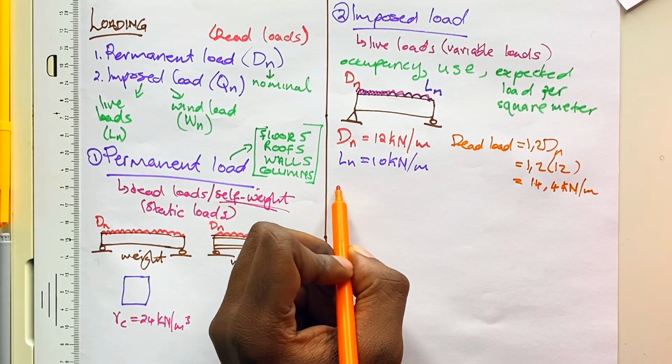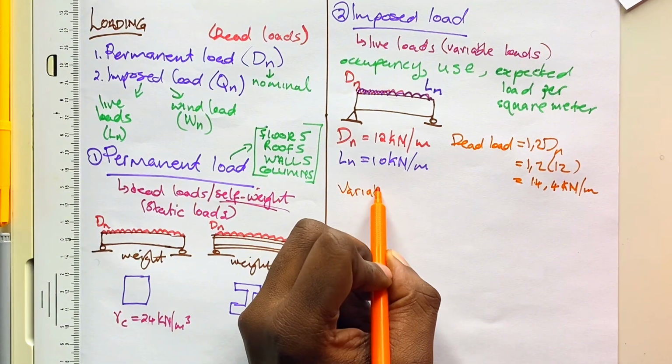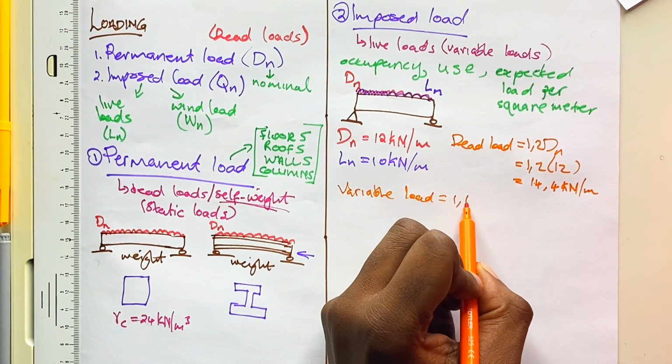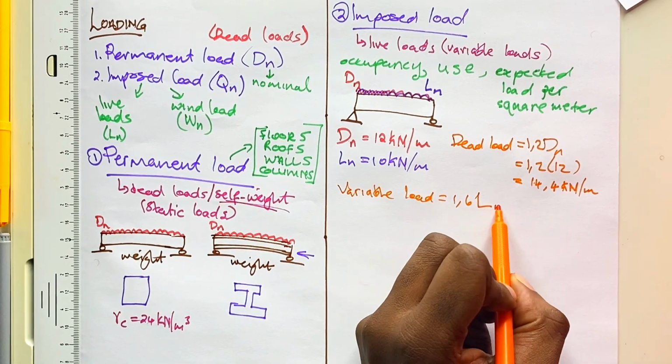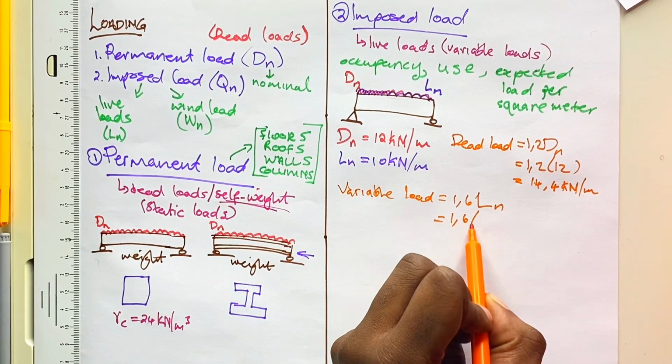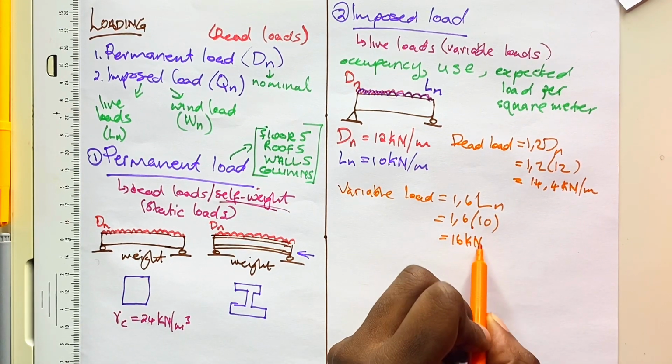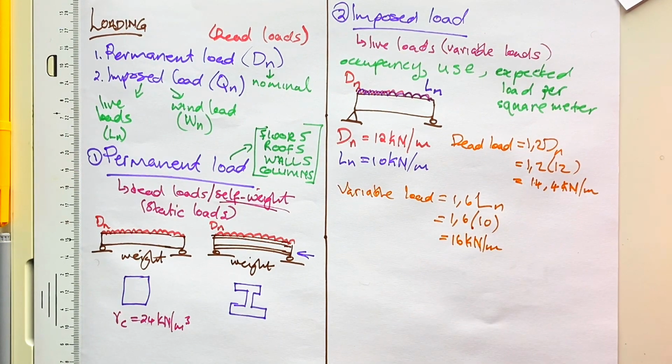Now, my variable load, however, I will multiply it by 1.6. Now 1.6 multiplied by 10 will be 16 kilonewtons per meter.